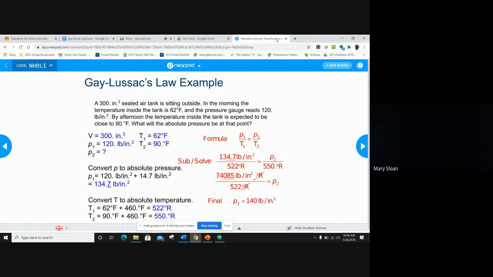If we do that, I'm going to do it here, 134.7 times our temperature 2, which is 550, divided by our temperature 1, which is 522. All right, let's do the math. Let's see what we get.